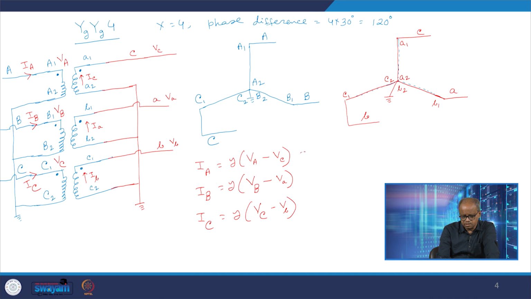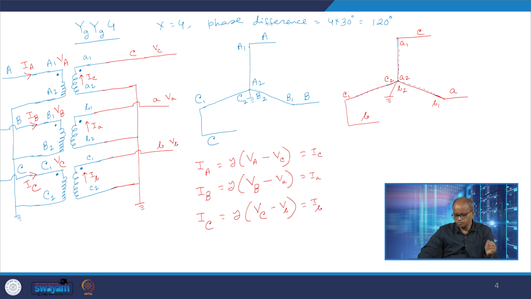So that is equal to IC, because these two are now in phase. Current entering at the primary side dot would be in phase with the current leaving the secondary side dot, I small c. Now from this connection I get I capital B is equal to I small a, and I capital C is equal to I small b. So these are the equations, right?